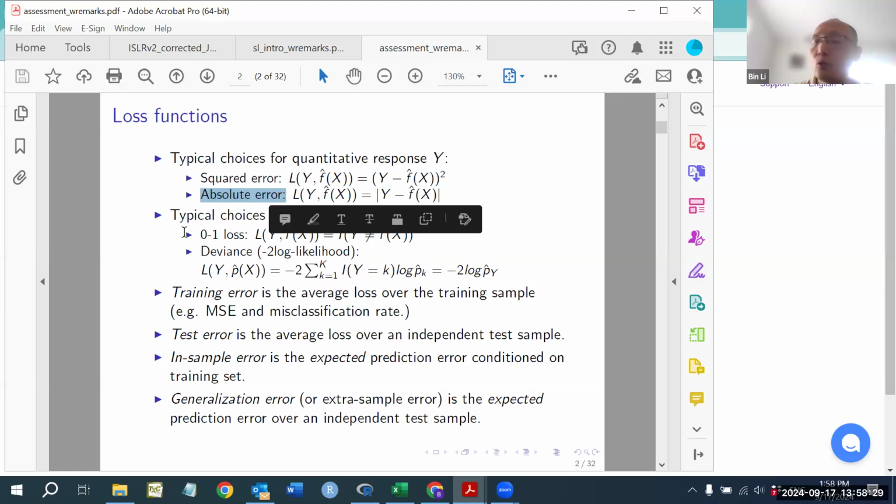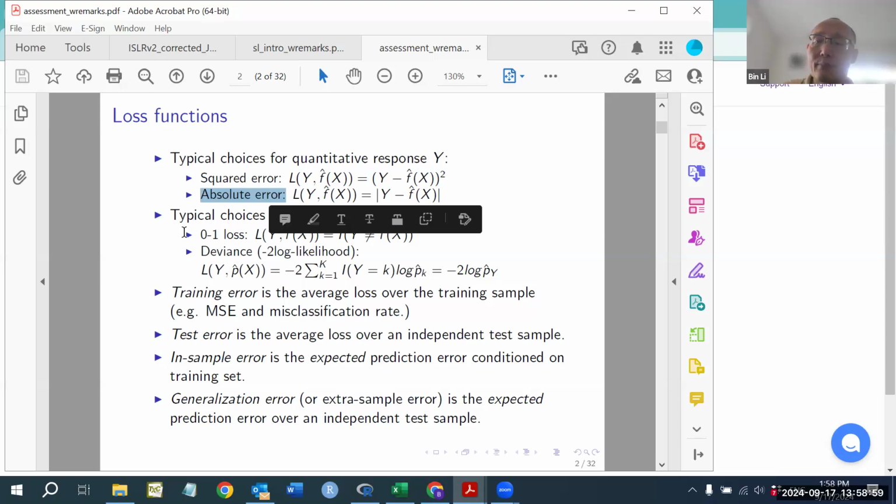That means if some samples have very large errors, large meaning far from 0, either extremely large on the right side or extremely small on the left side, then absolute loss is better than squared loss.